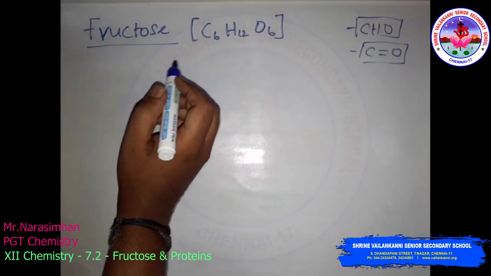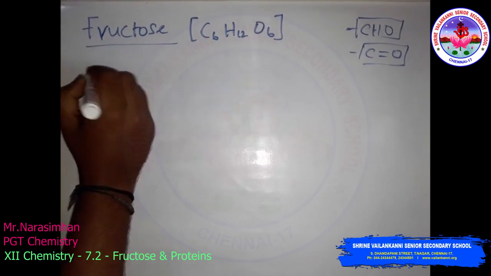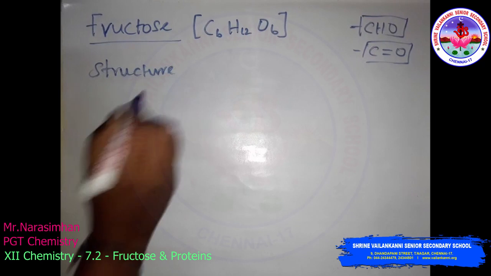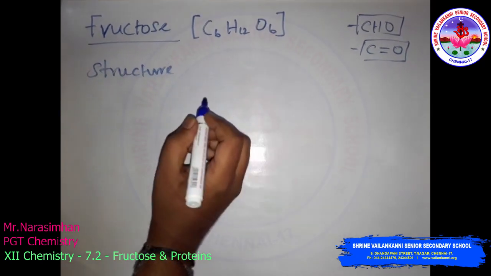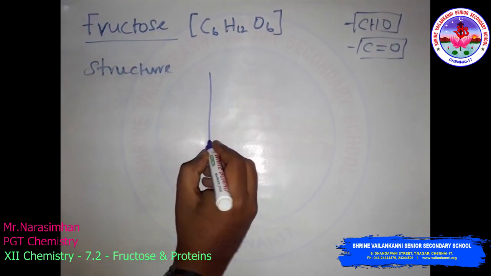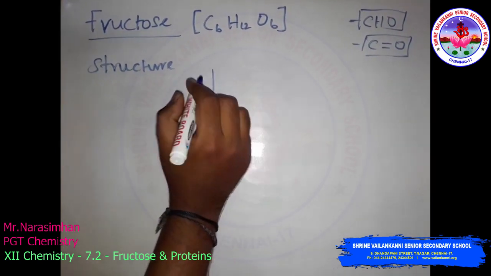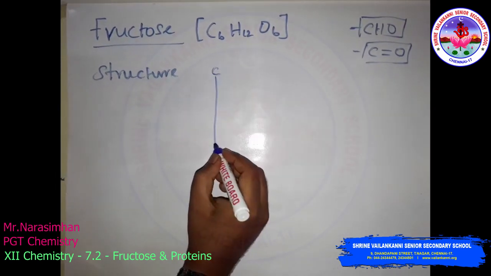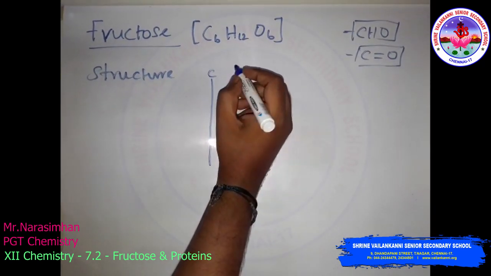So generally the structure of glucose will be like this. You can write this in the Fischer projection.